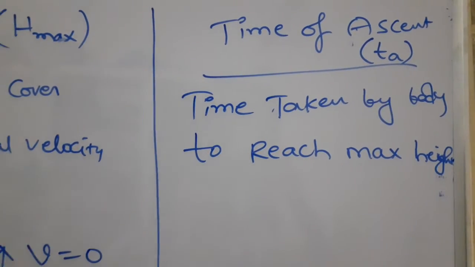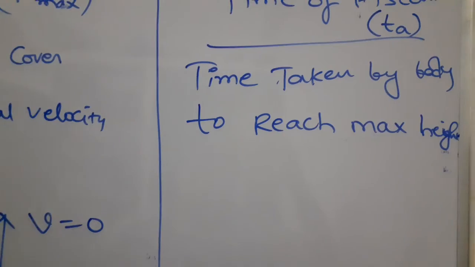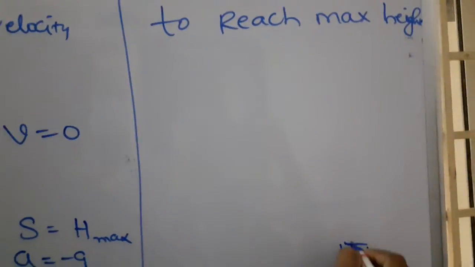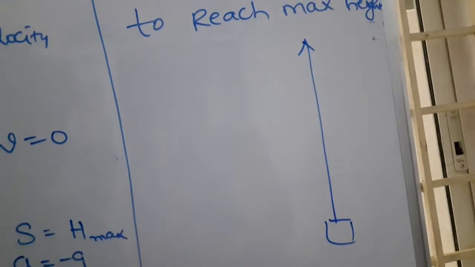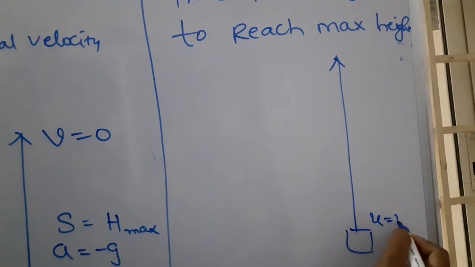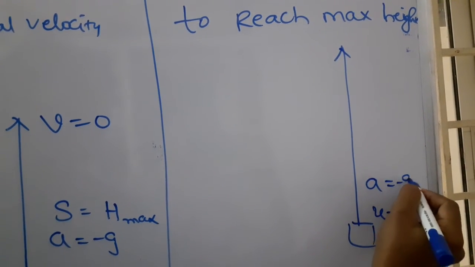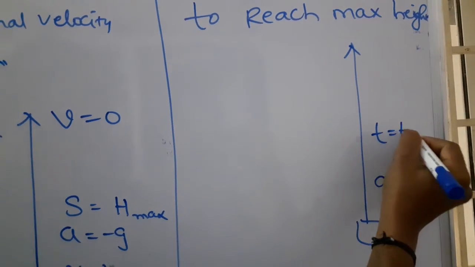That is called, what is it? Time of ascent. So we can take a body, now it is projected vertically up. So initial speed is u, a is equal to minus g. Then time taken to reach up is ta.